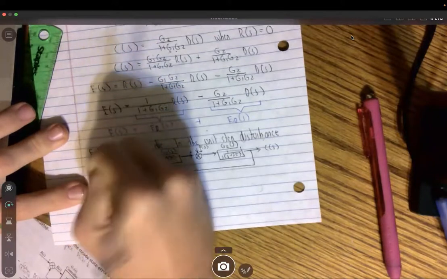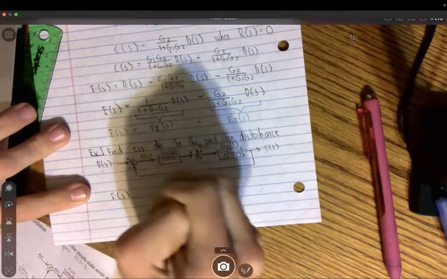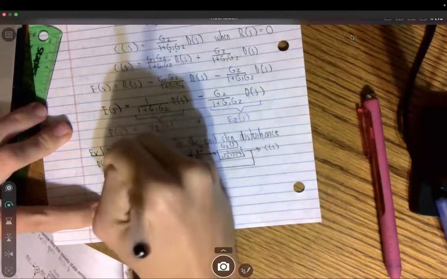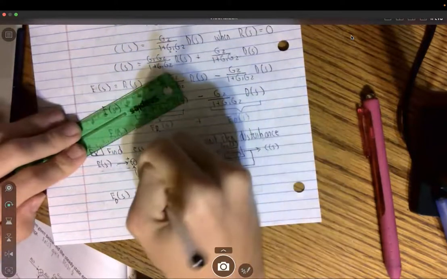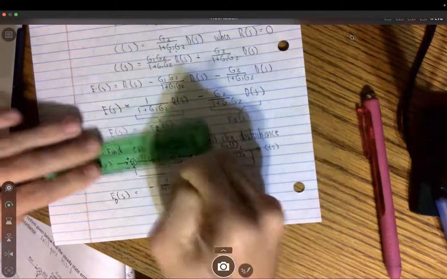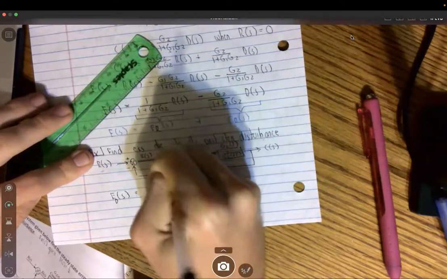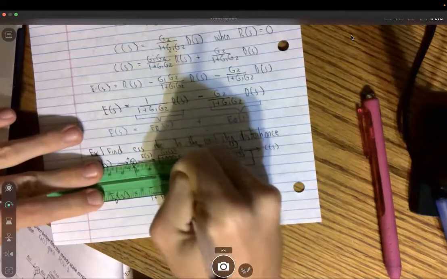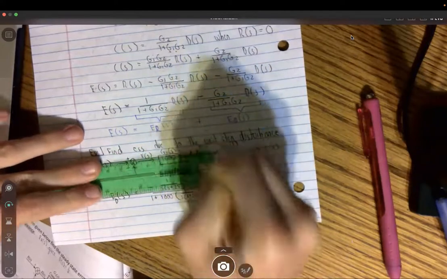So our error due to the step disturbance is negative, and then what's our G2? 1 over S times S plus 25, all over 1 plus G1, which is 1000, times 1 over S times S plus 25. That's our G2.